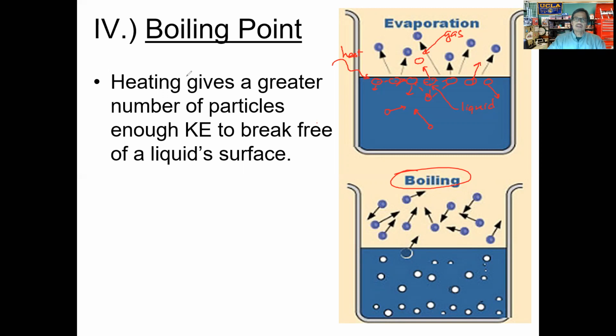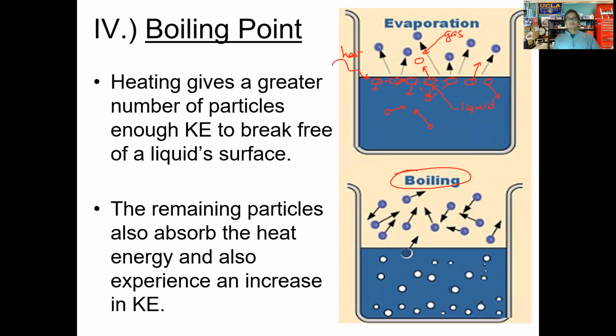What if we continue to heat and add more heat? We don't stop at however hot it is out in Death Valley in the summer, 115, 120 degrees Fahrenheit. What if you continue to heat it to the boiling point? Let's say you heat it to about 212 degrees Fahrenheit, which is roughly the boiling point of water. What if you keep increasing the temperature of that liquid?